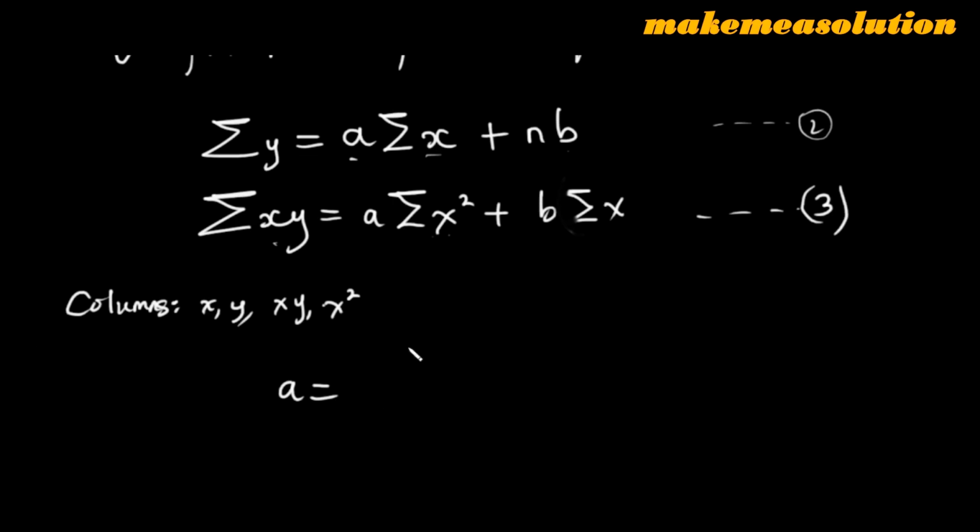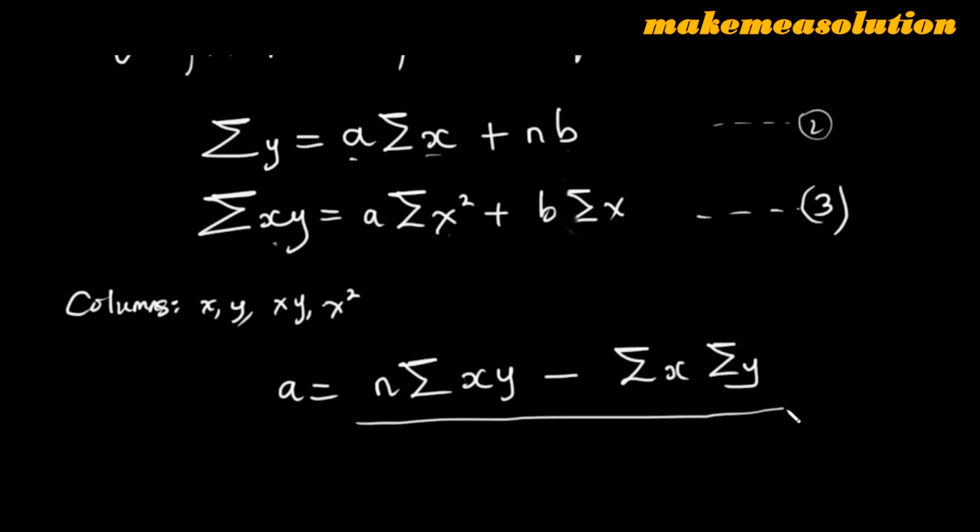If I solve this simultaneous equation, the value that I will get for a is n summation xy minus summation x summation y, divided by n summation x squared minus summation x all squared.